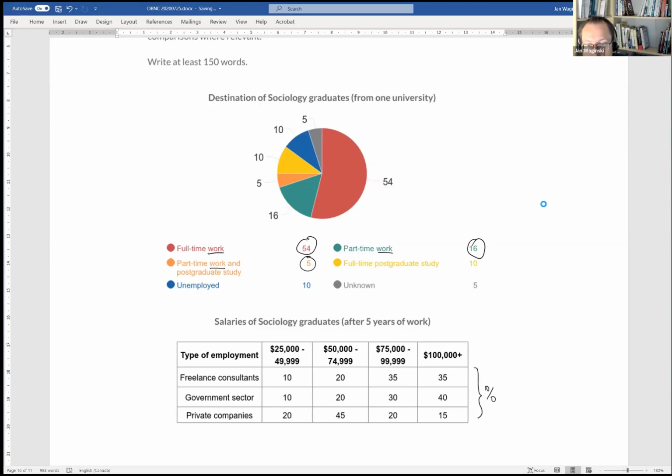These are people who already have a degree, and 10% are doing postgraduate work full-time. So you could say an equal number went on to postgraduate studies, 10%, and unemployment.